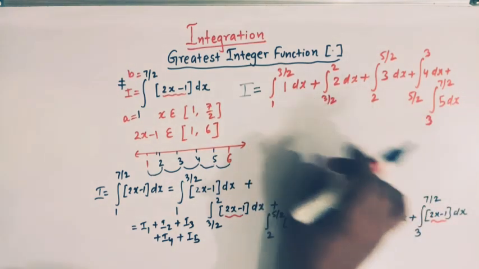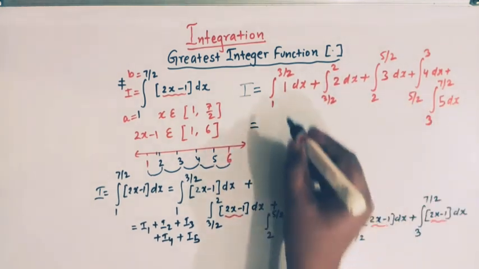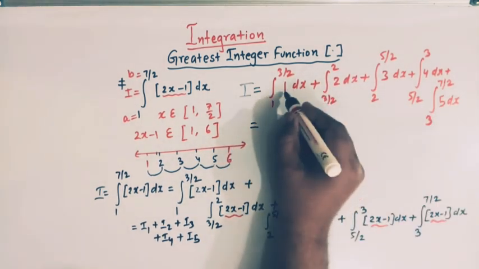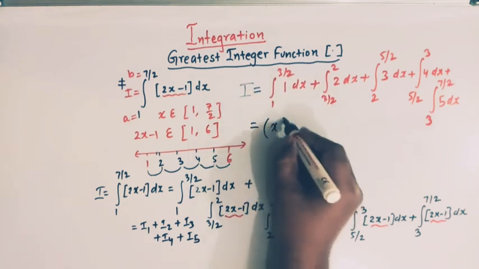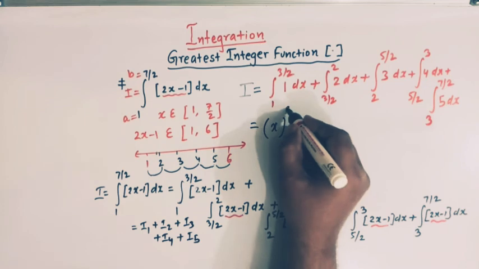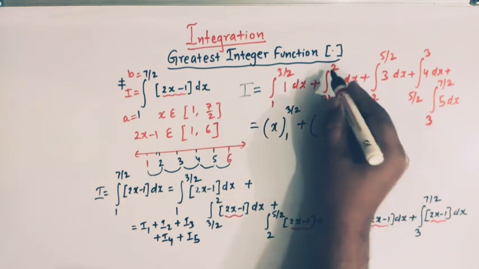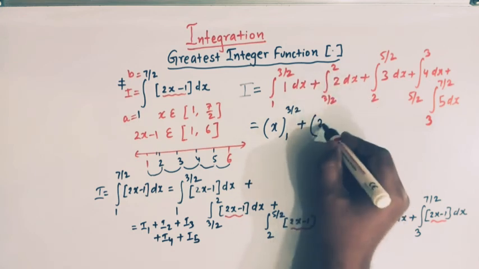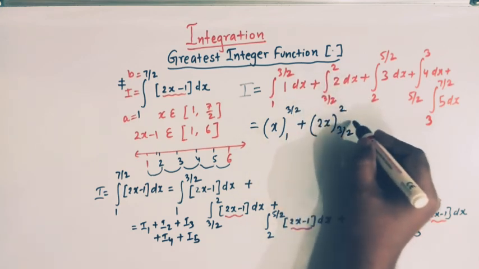Now it is a simple task to evaluate these 5 integrals. So here we have the integral of 1 dx, so we have simply x, and the limits are from 1 to 3 by 2, and here we have the integral of 2, that is 2x, and the limits are 3 by 2 to 2.